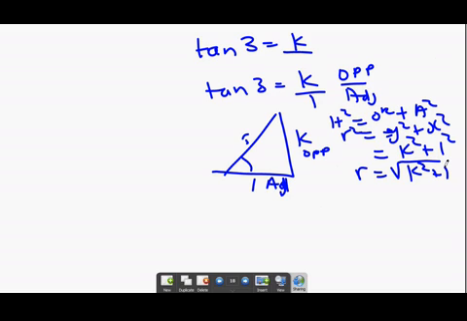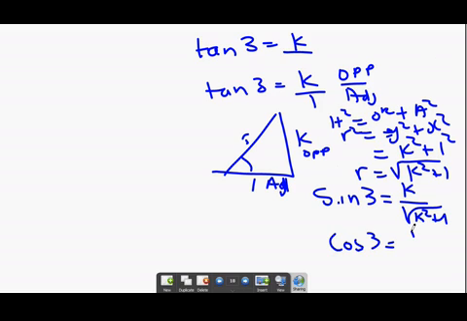So now I can find my sine. Sine 3 is equal to opposite, which is k, over the hypotenuse, square root of k squared plus 1. I can even find my cos. Cos 3 is going to be 1 over the square root of k squared plus 1.